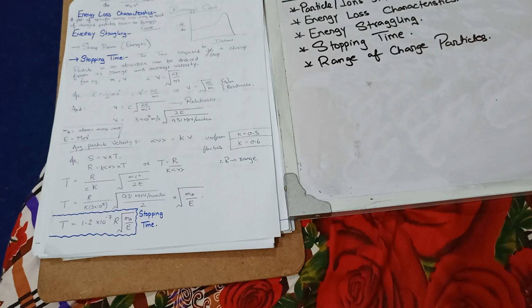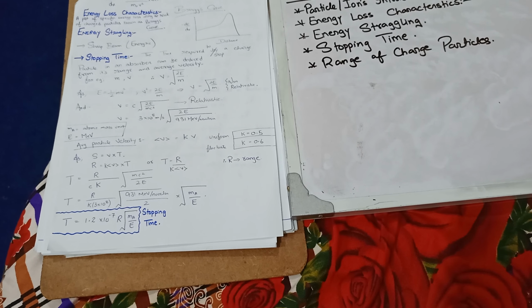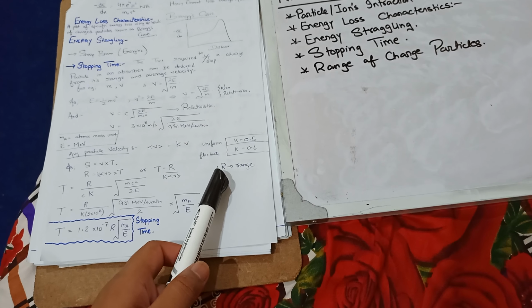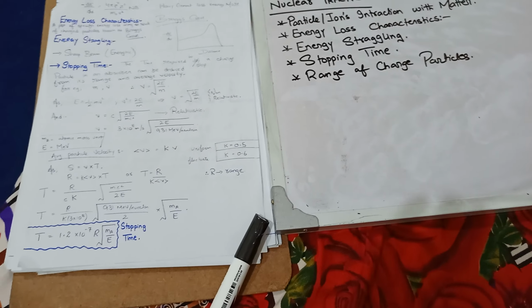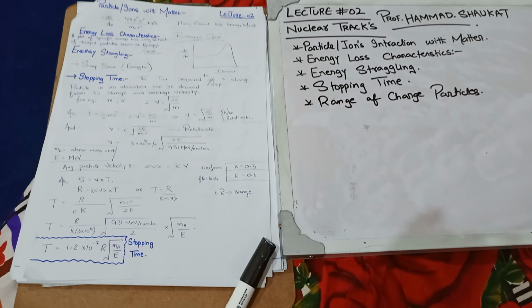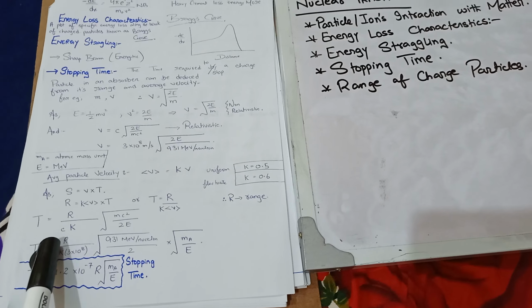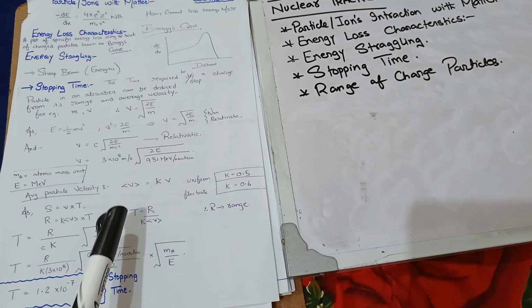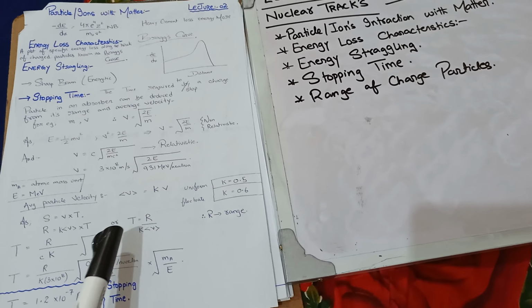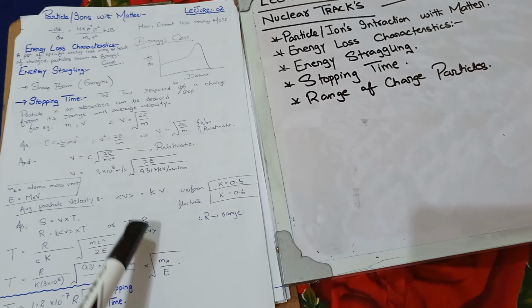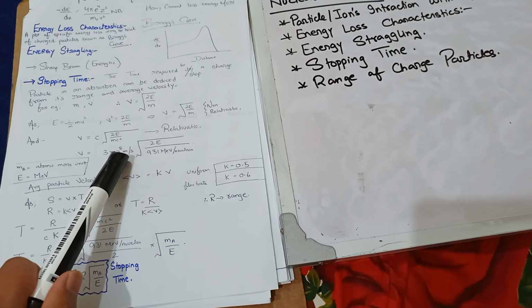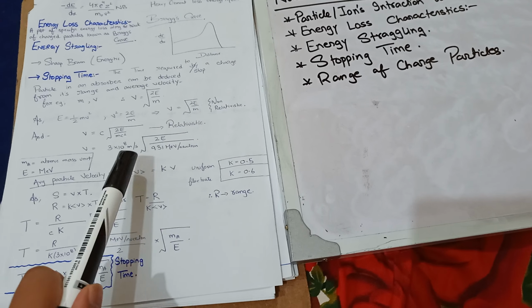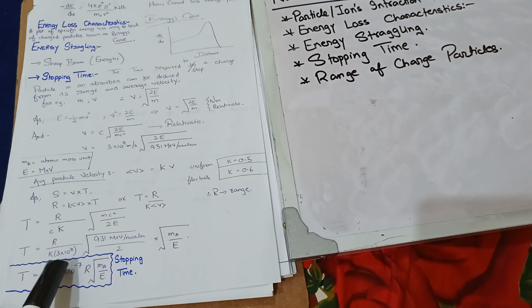Now r is your range, and this is the formula we derived: t is equal to r over c k. Now you have to put the value of v, which we derived, 3 multiplied by 10 raised to power 8.